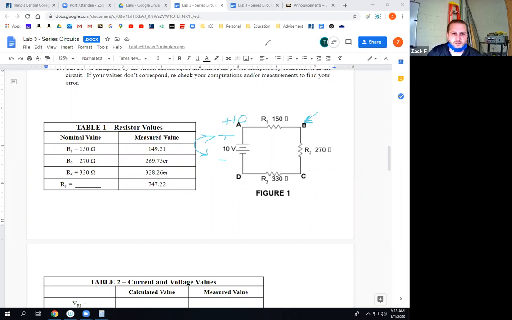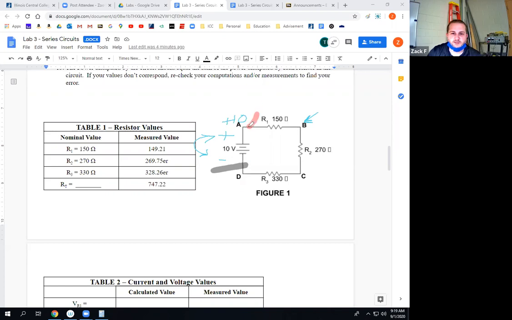Also remember that when we're taking voltages here, where are we going to put our leads? Our black lead is going to be here, and our red lead is going to be wherever we're taking voltage at.